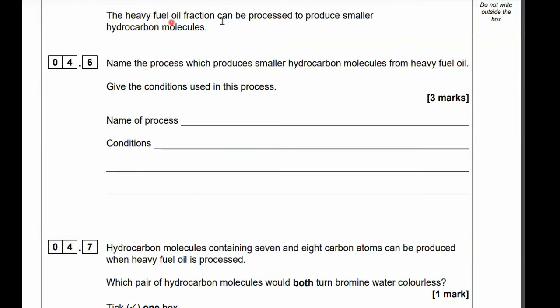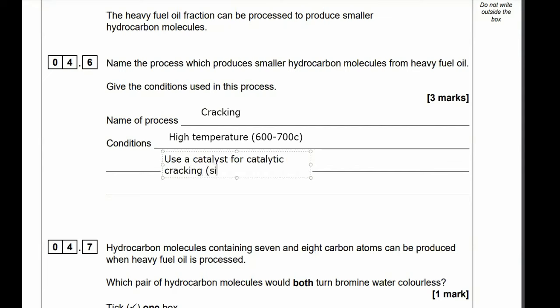Okay, here we go, getting into 4.6. Name the process which produces smaller hydrocarbon molecules from heavy fuel oil. Give the conditions used in this process. So we call this cracking. This is when you take a big molecule and you split it to make smaller molecules. Those smaller molecules are more valuable generally. They're in higher demand. So how do we do this? Well, cracking is done at a high temperature, 600 to 700 degrees, and uses a catalyst.